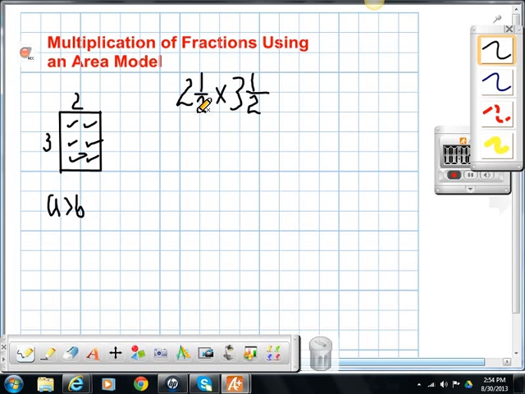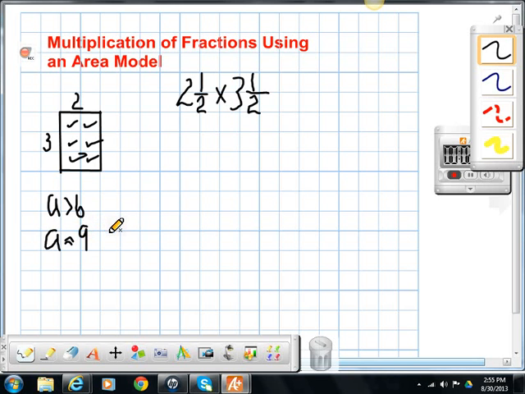And if we were to round this number up, it would be 3. And if we were to round this one down, it would be 3. So I will bet you that the answer for the area is approximately, and you make a symbol like that, about 9.